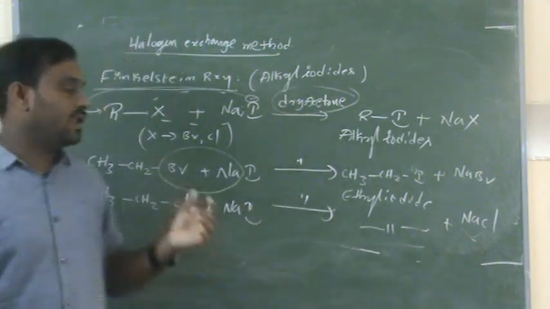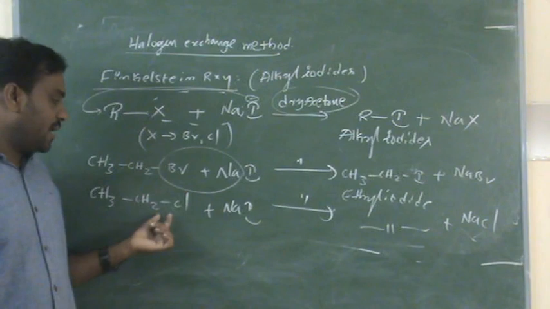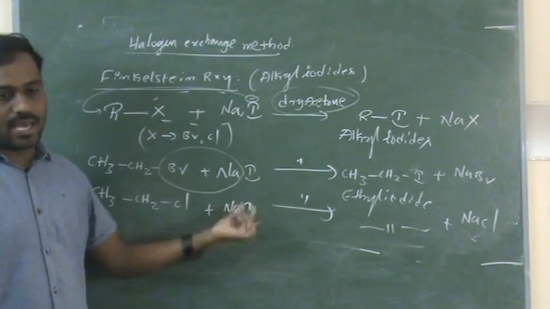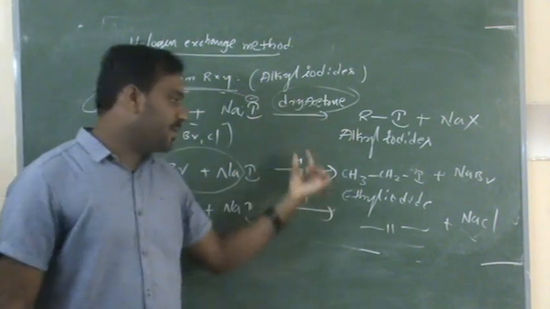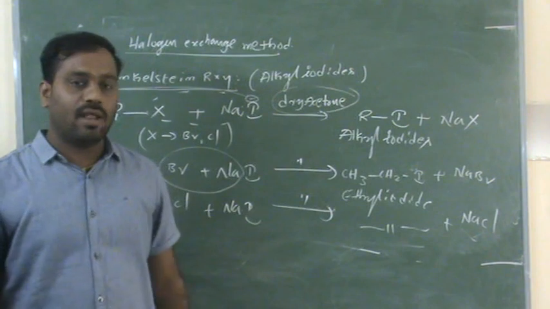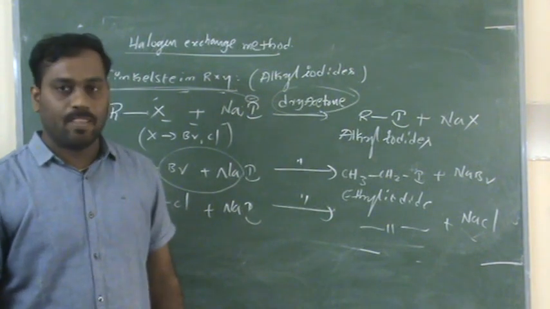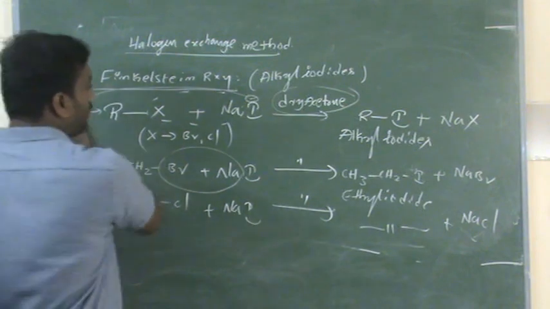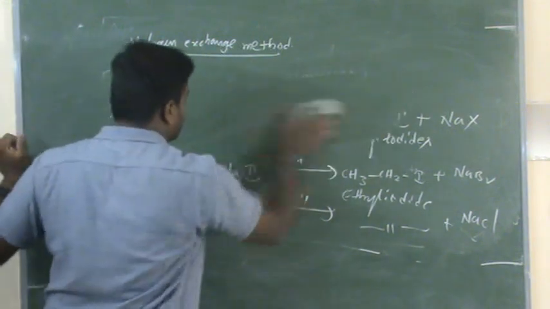What is the reaction? Alkyl bromide or alkyl chloride reacts with sodium iodide, NaI, in the presence of dry acetone, forming alkyl iodides.